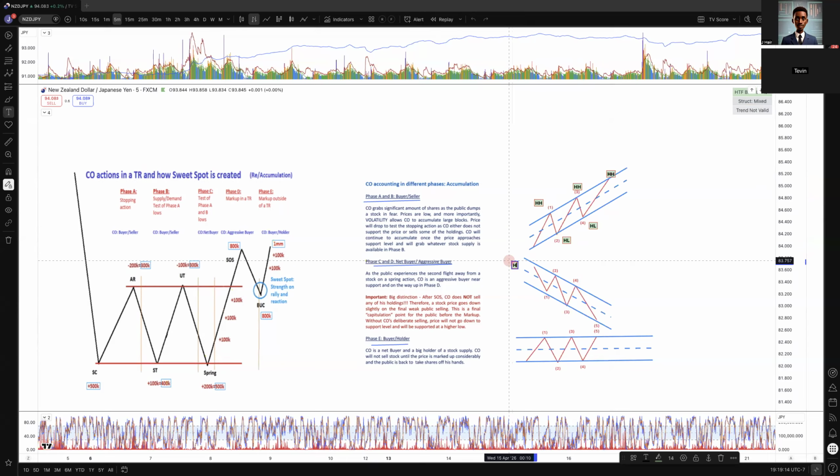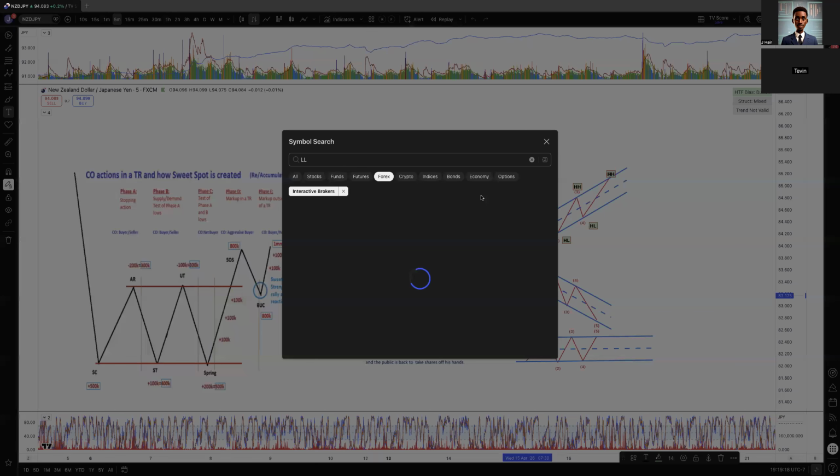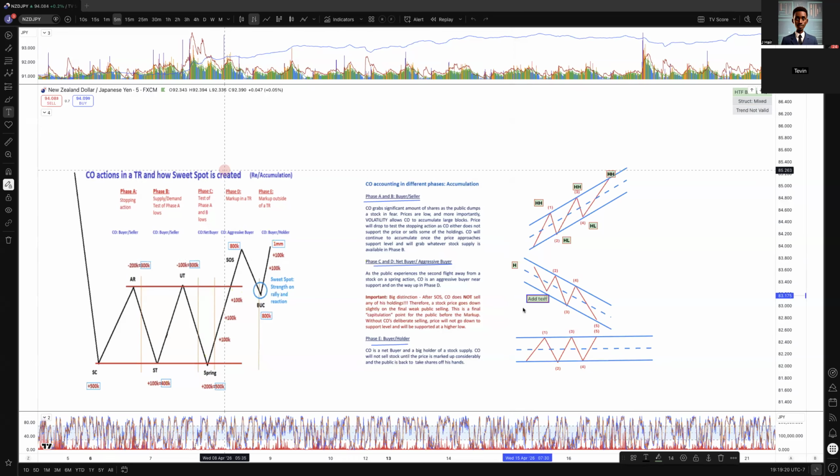And then there's the high, and we got a lower low. Then lower high, lower low, right? So these are the market structures that we know through Dow theory.